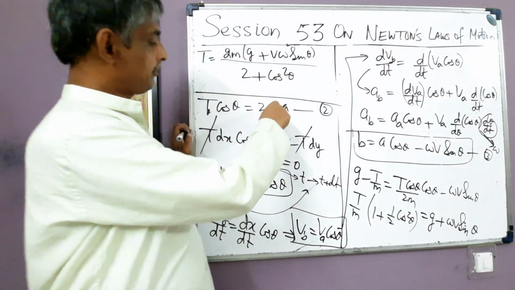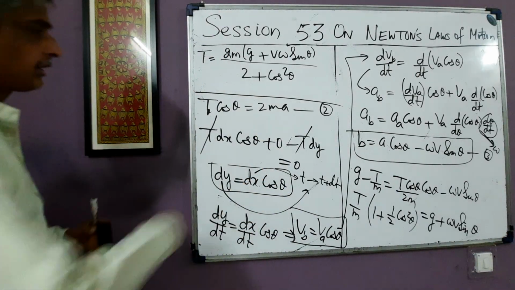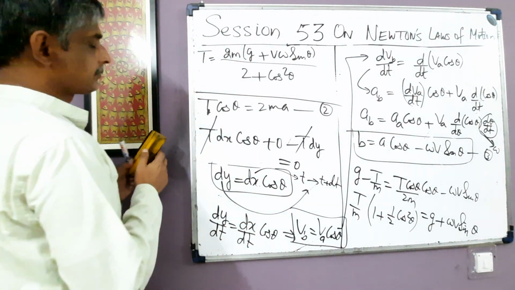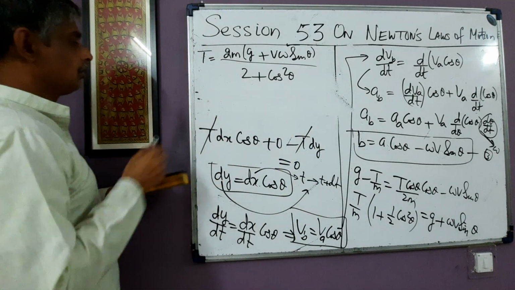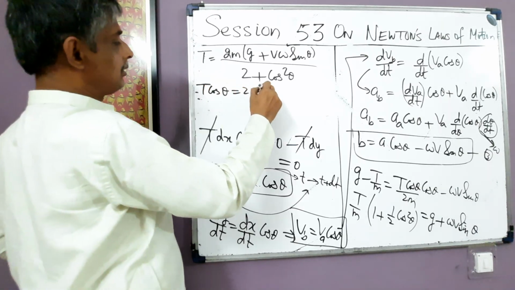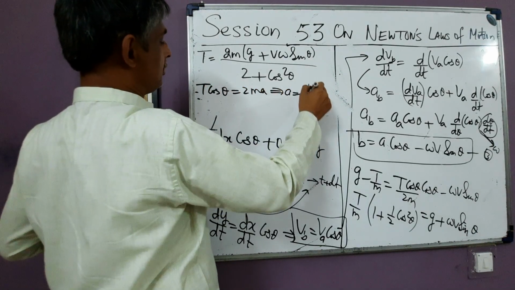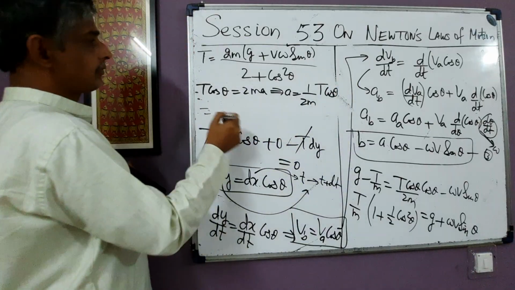I have to find the value of A and B. A and B have to be determined. So A we get from this equation: T cos theta is equal to 2MA, meaning A is equal to 1 by 2M into T cos theta.